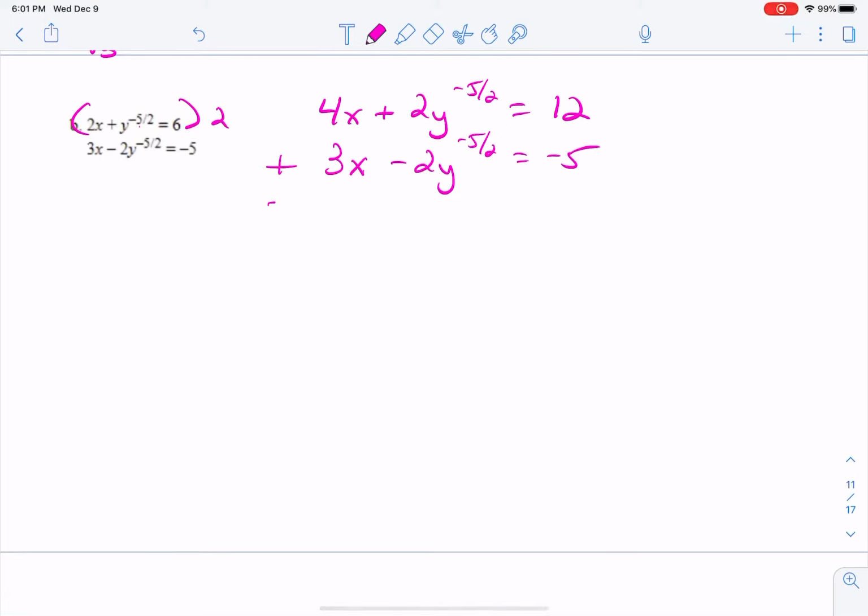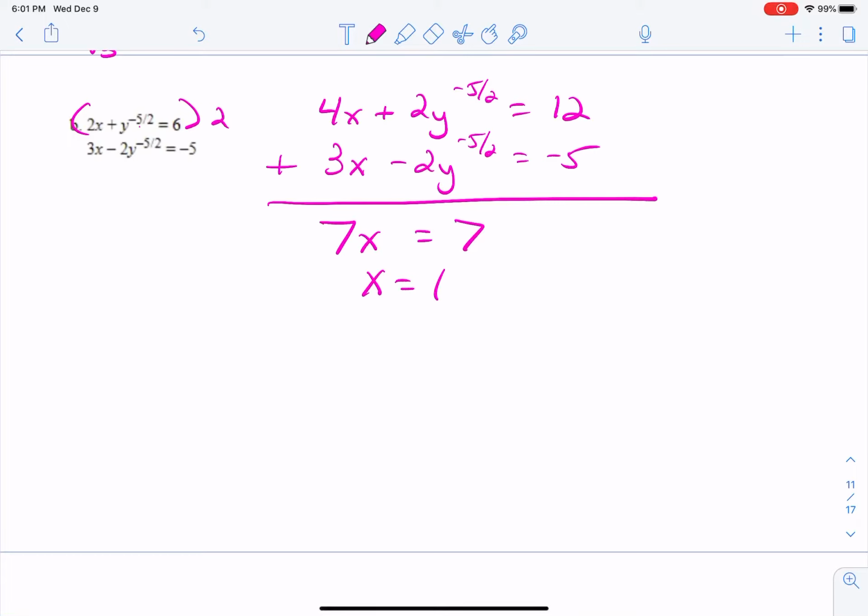So if I add these lines together using elimination, my y terms cancel each other out. So I'm left with 7x equals 7 and x equals 1.